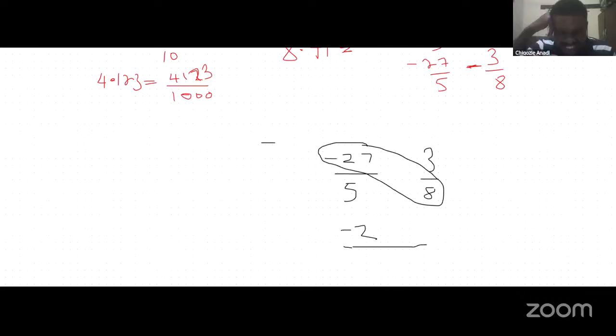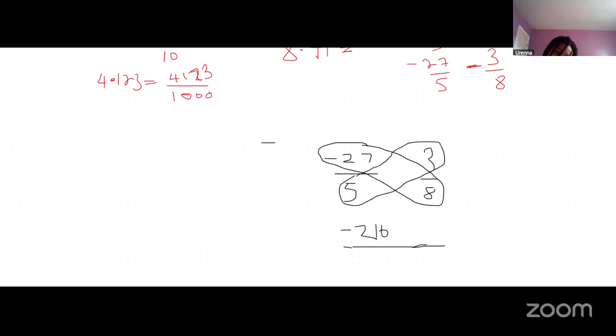Very good, correct, 216. And then I did 5 times 8 and I got 40. And then that's negative 201 over 40.